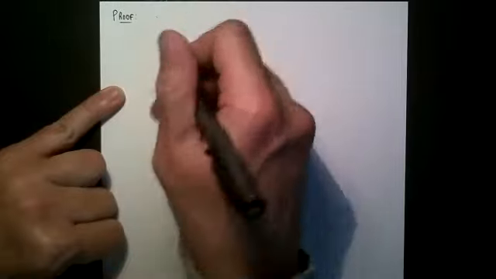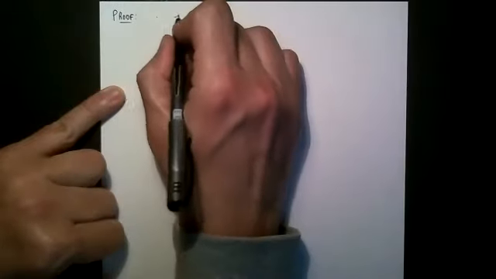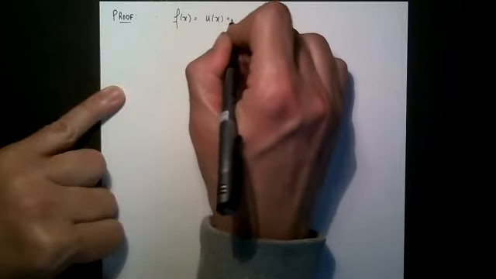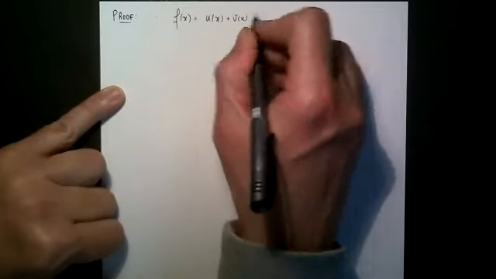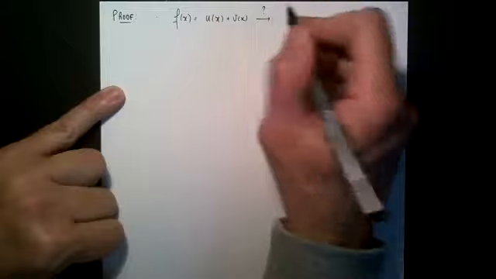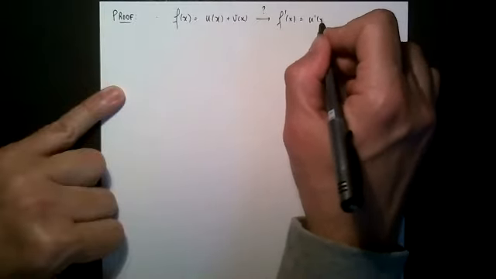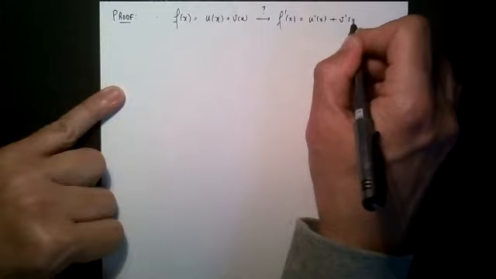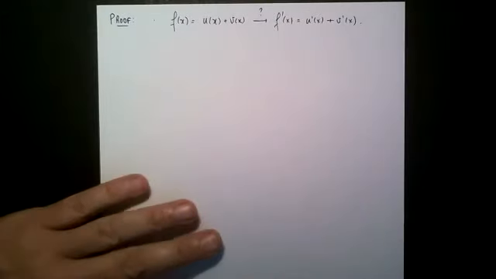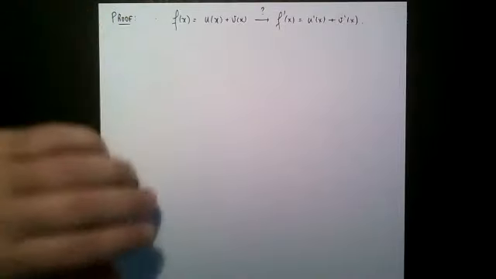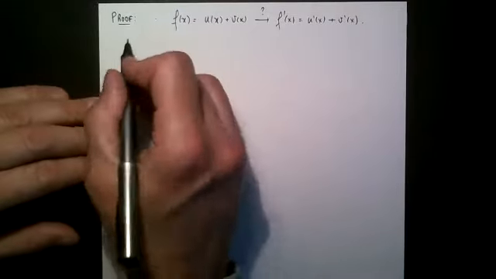The first thing I want to prove is that if f of x is equal to u of x plus v of x, then I want to prove f prime of x is equal to u prime of x plus v prime of x. That's the first thing that I want to prove, which is the first of the two linear properties. All right, so let's try it.